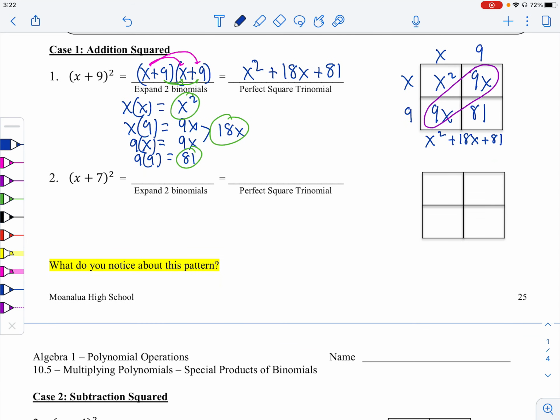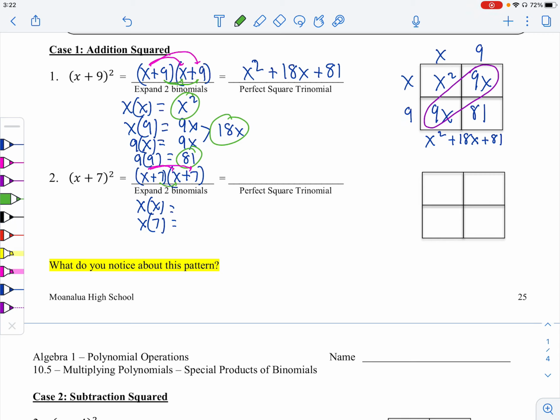All right, so same thing with x plus 7 squared. Expand it: x plus 7 times x plus 7. And we do the same process, same pattern. X times x first. Outer, x times 7.